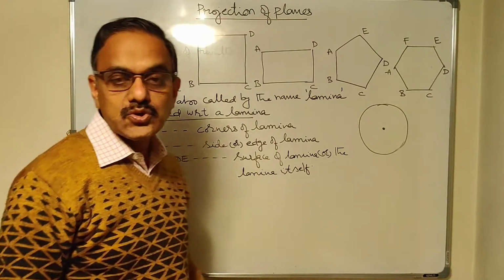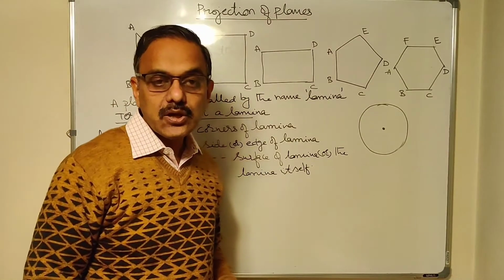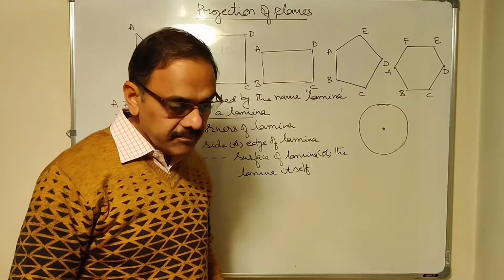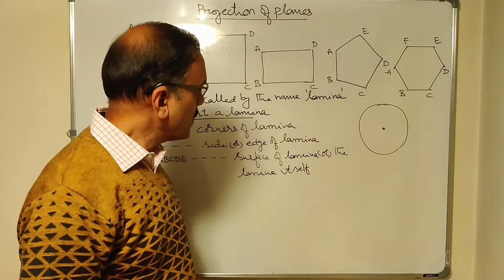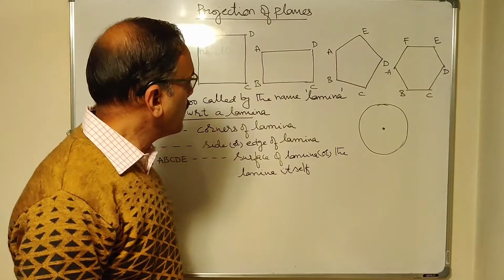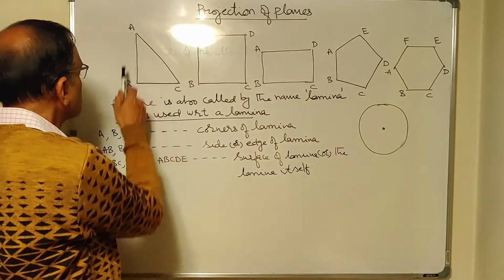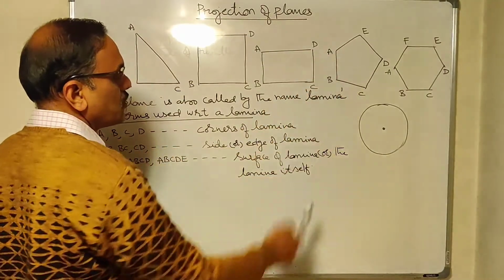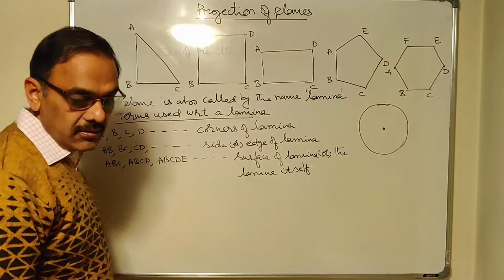Sometimes we use a plane, or sometimes you can also use a lamina in place of a plane. Now here I have named the corners like this: A, B, C, A, B, C, D, A, B, C, D, E and so on. The corners have been named.